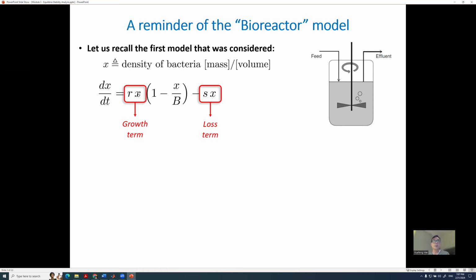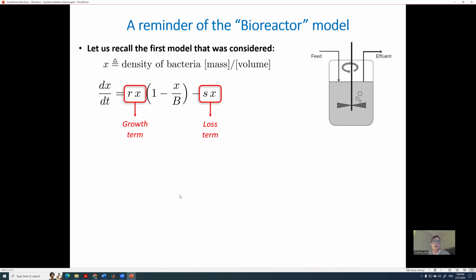For the growth term, because the coefficient is positive, the positive sign indicates the growth, the increase of the bacteria over time. For the loss term, the sign is negative, so it indicates a decrease of the bacteria over time. That's why R we call the production rate, and S we call the extraction rate, or the effluence rate.